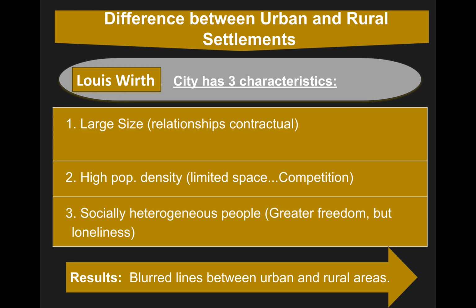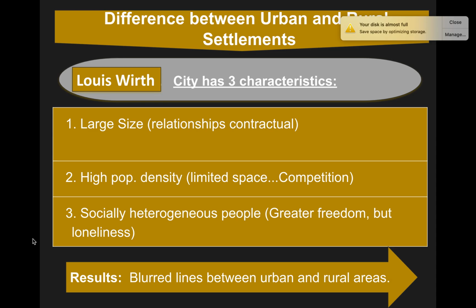He also said that high population density would lead to higher, well, the bid rent theory, so smaller space and more expensive space would be in urban areas. And then there would be a heterogeneous group of people with greater freedom because you have cultural diversity, but also loneliness because of the large population.